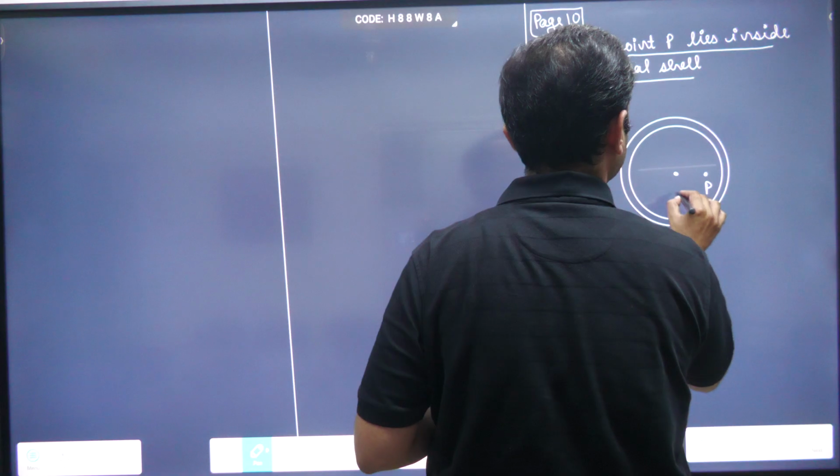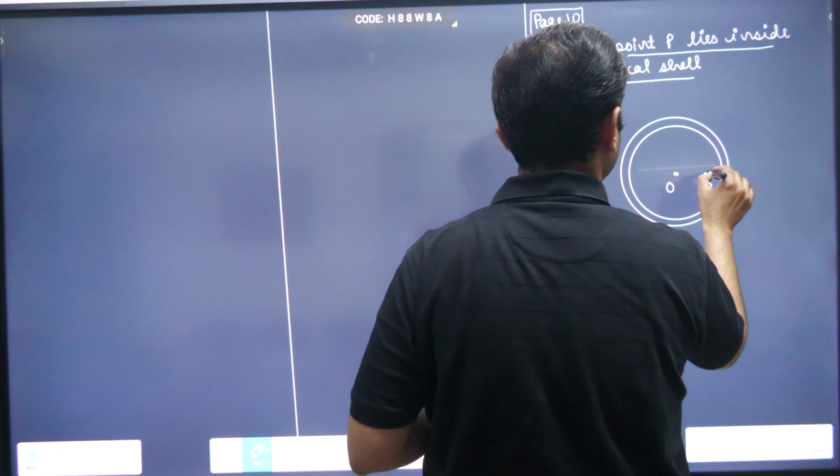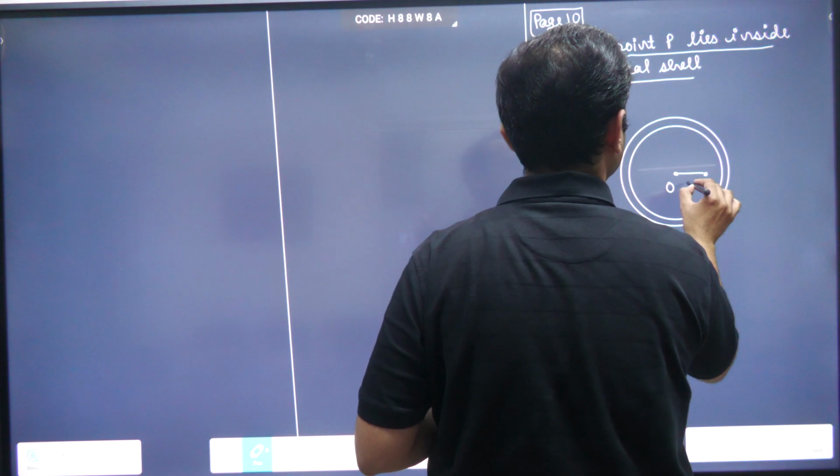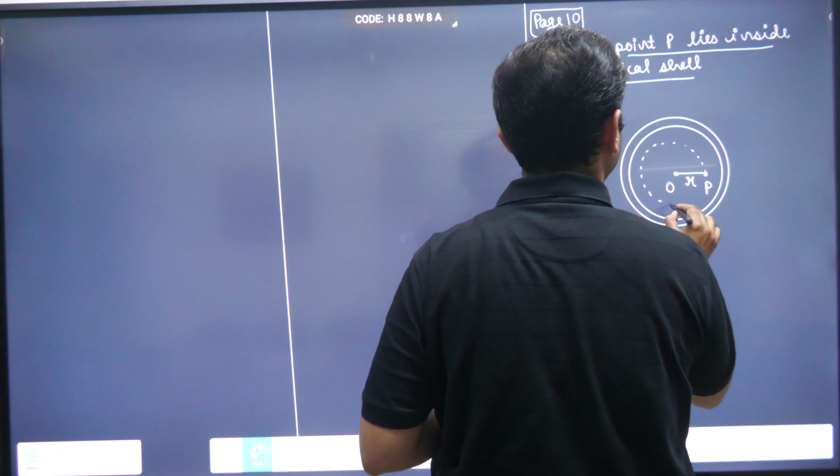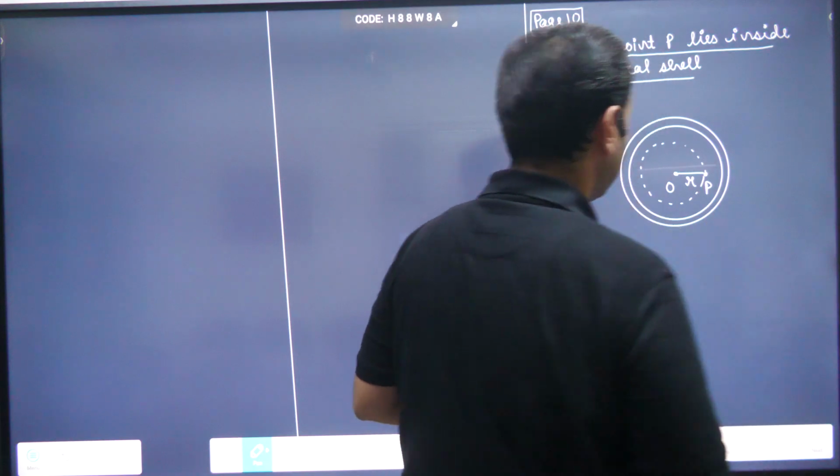Point P is here. So the distance will be like this. This is a small r. And now considering this to be the radius, let us draw a Gaussian surface inside the sphere.